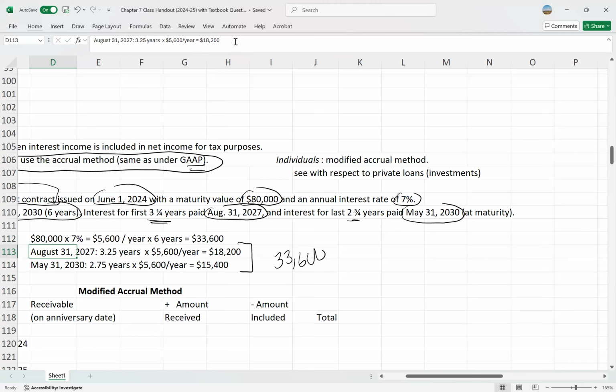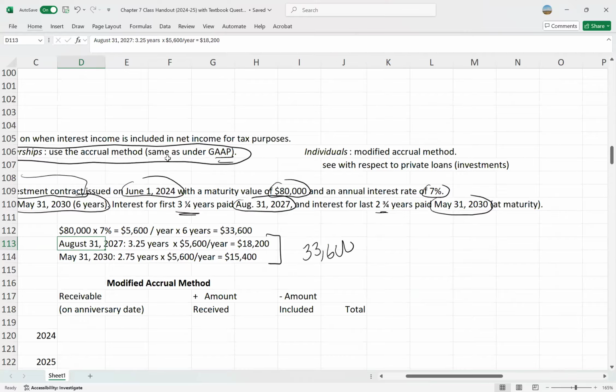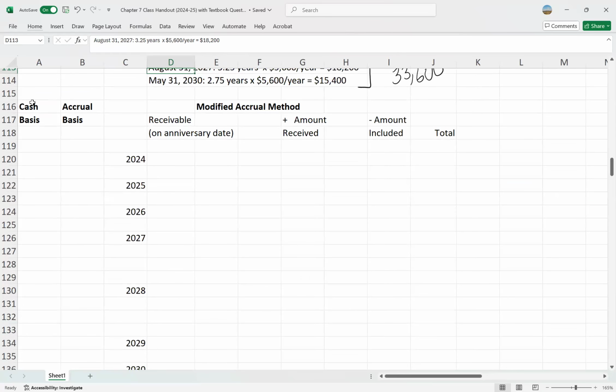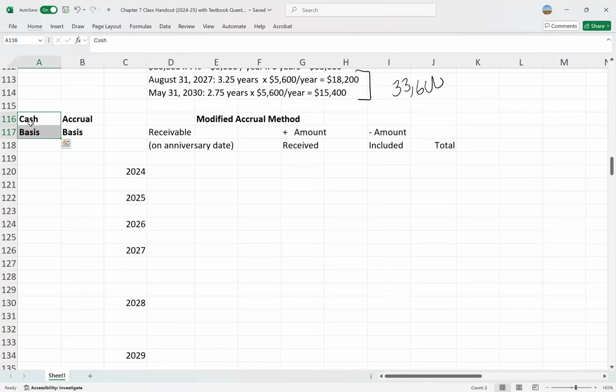Given this investment contract, the interest payments will be done in 2 payments, 18,200 and then 15,400. What I want to show you first is what would be reported on a cash basis. On a cash basis, the first payment will be made in 2027, that would be 18,200.